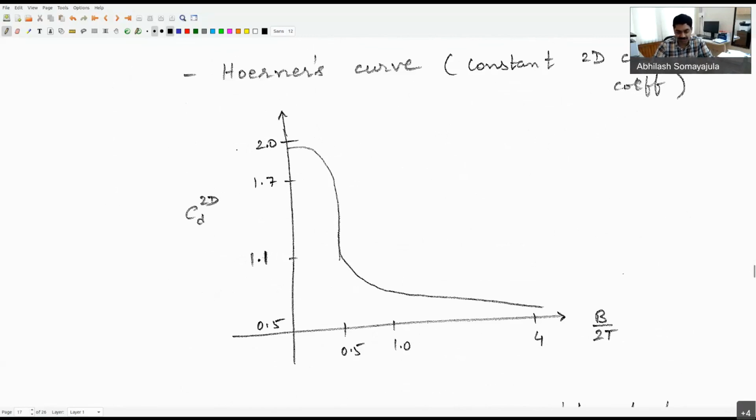We can use them with a pinch of salt. Sometimes they work well for our ships. Sometimes when our ships are way away from what they regressed on, it may not work as well. They might have chosen 100 ships, and if our ship is not close to any of those 100 ships, this formula may not be applicable. But if it falls within that, we may be able to use this formula to get a first estimate of our drag coefficients.